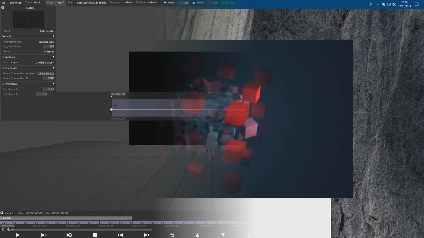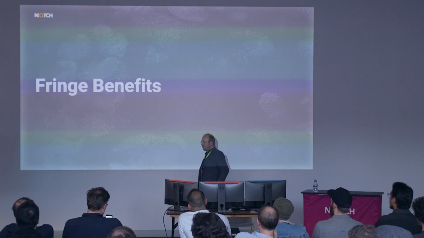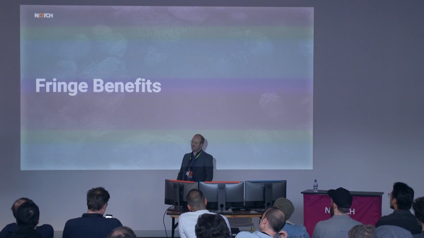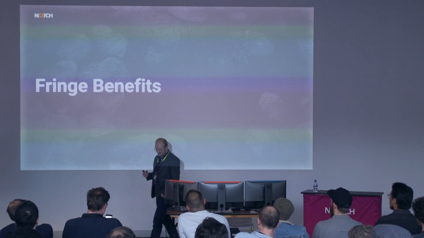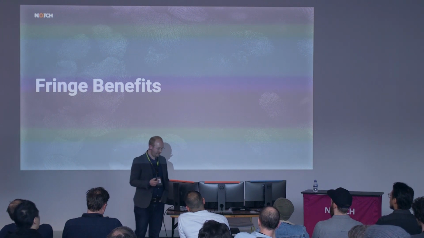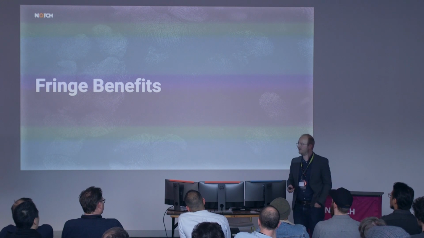So, there are a couple of fringe benefits to this method. We've obviously developed this functionality so that you can have these remote simulations running on other machines and be able to control them.